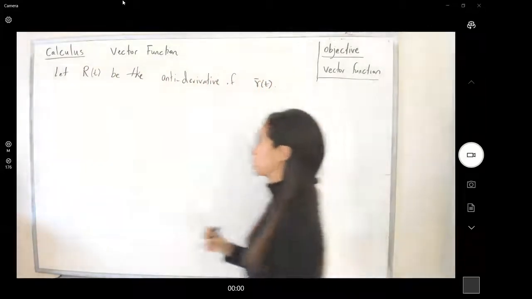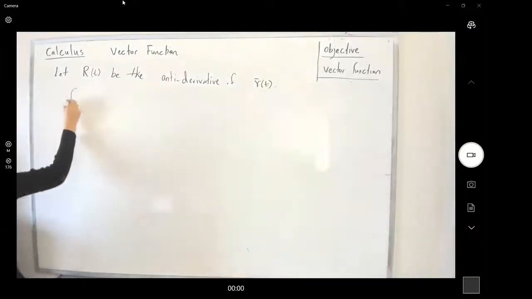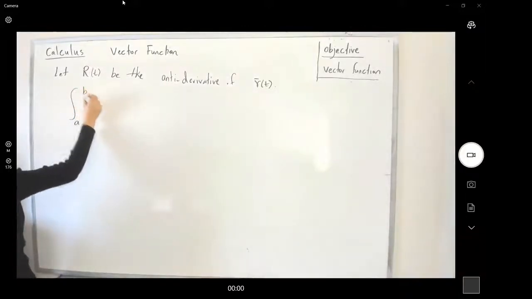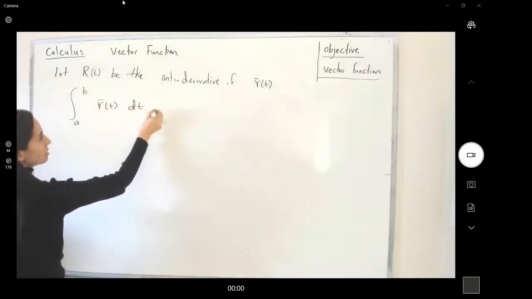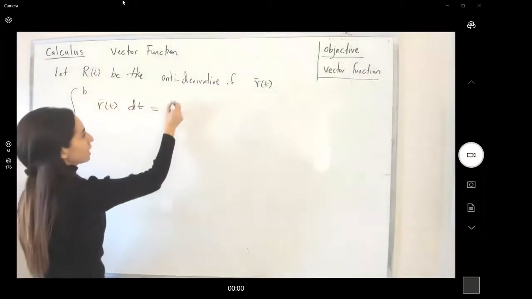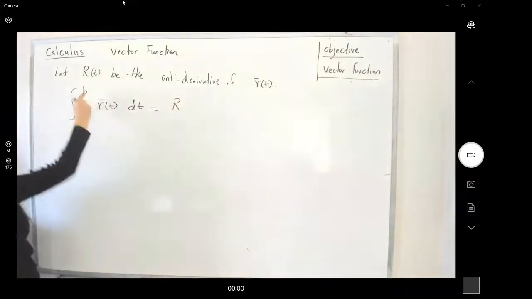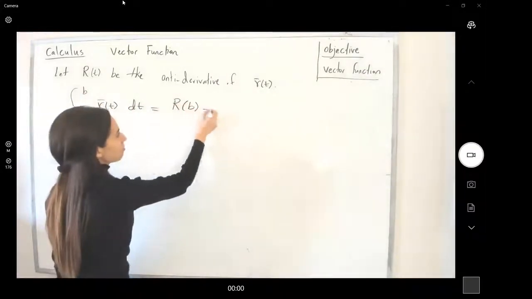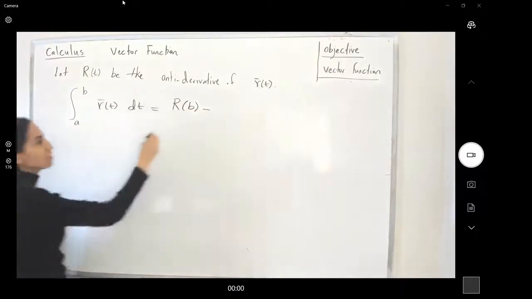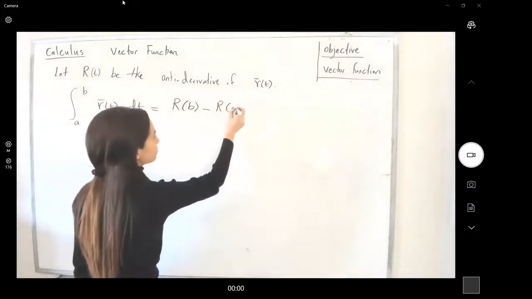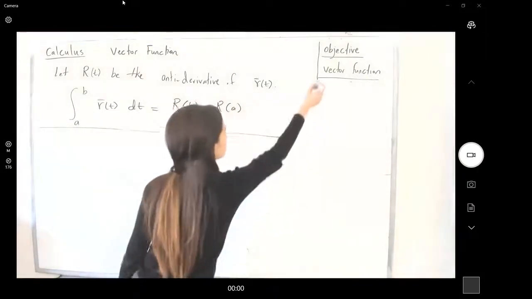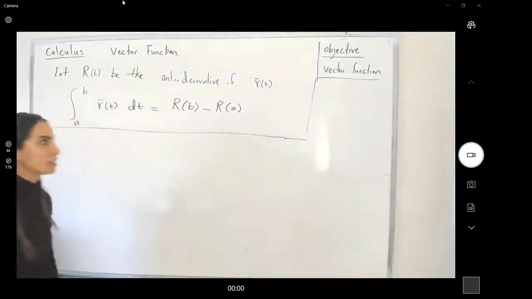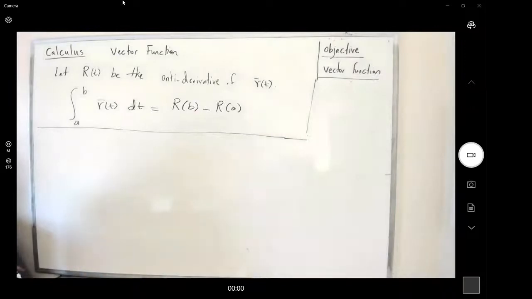Well, we can talk about the integral. The integral from a to b of the vector function r of t dt is equal to the antiderivative evaluated at b minus the antiderivative evaluated at a. This is coming directly from elementary calculus, the fundamental theorem of calculus.